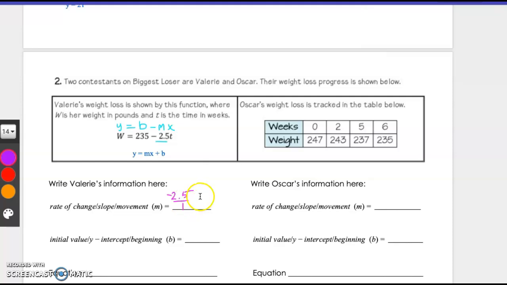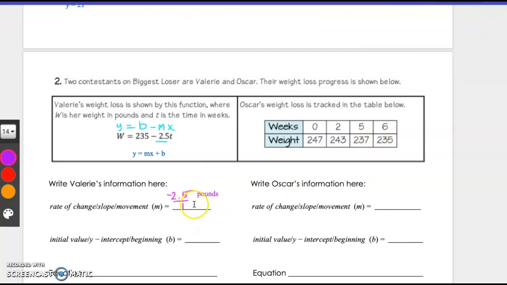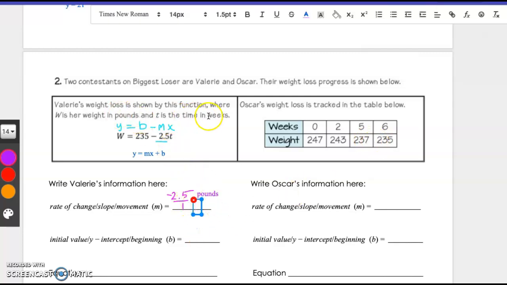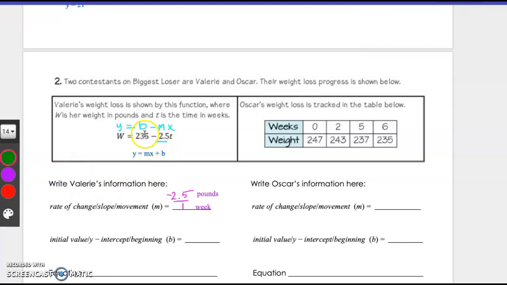We're talking about minus 2.5 pounds per one what? T is the time in weeks, per 1 week, okay? And then the beginning, the initial value, is 235.